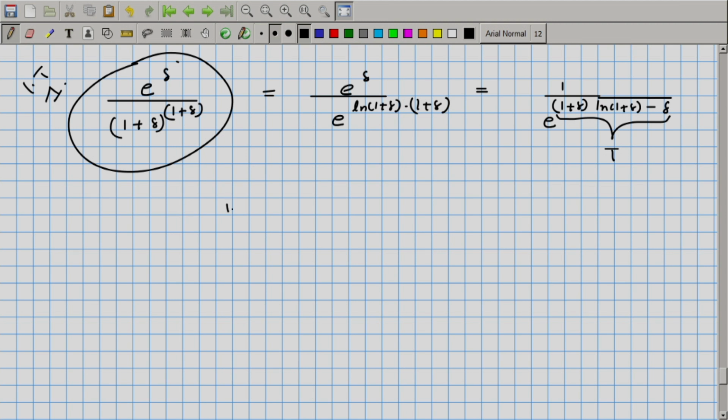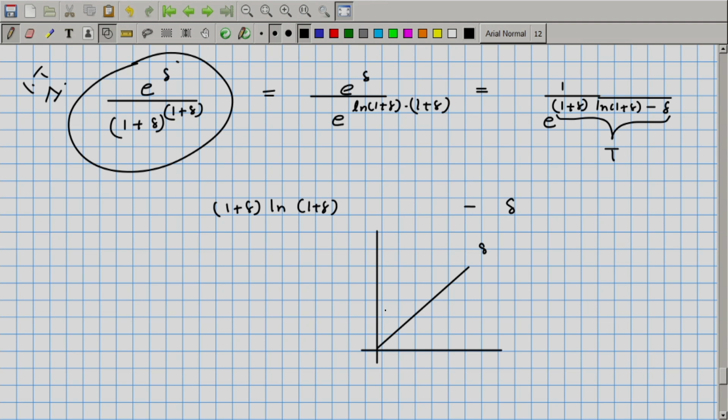If you look at this expression, 1 plus delta log 1 plus delta minus delta, you can plot the curves of these. So, this is a curve delta, and 1 plus delta times log 1 plus delta.